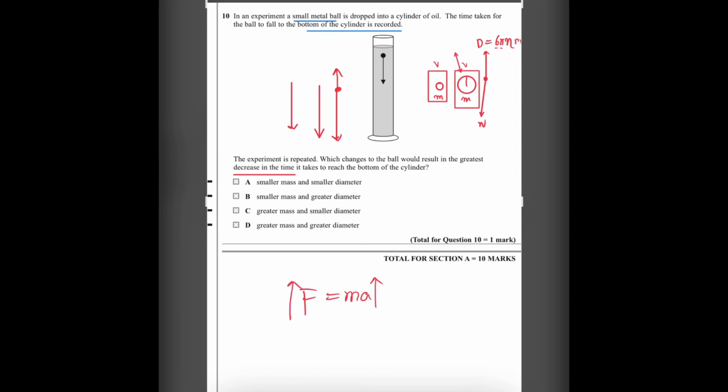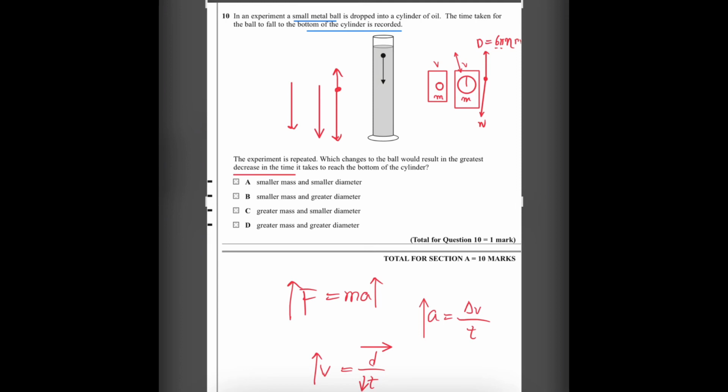Acceleration is change in velocity over time, so a higher acceleration means a greater velocity, and since velocity is distance over time, a higher velocity means the same distance will be covered in a lower time. When the velocity is higher, less time is required to travel the same distance.